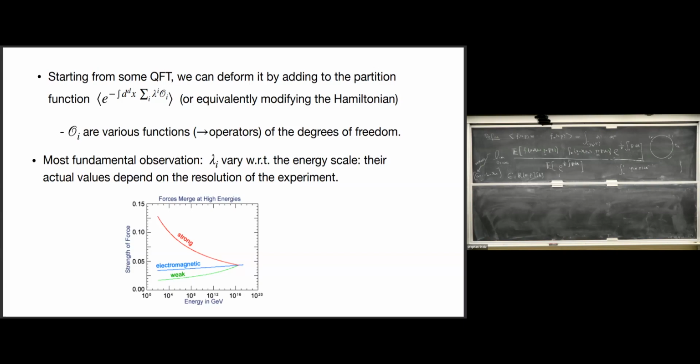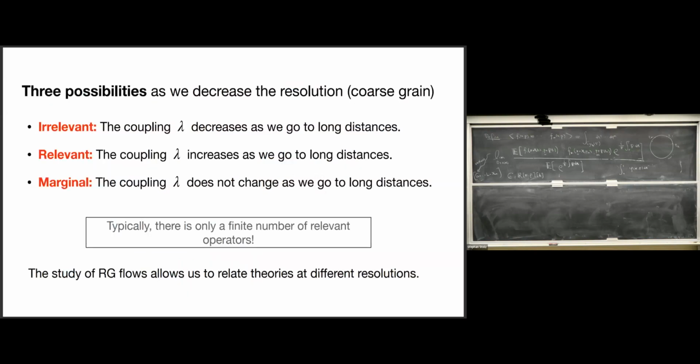Now, the most fundamental observation in quantum field theory is that these coupling constants, these lambda_i's, are not really constants. Rather, they vary with respect to the energy scale at which we perform the experiment. So they depend on the resolution at which you probe the physics. For example, in the standard model of particle physics, the three couplings vary with respect to the energy at which you perform your experiment.